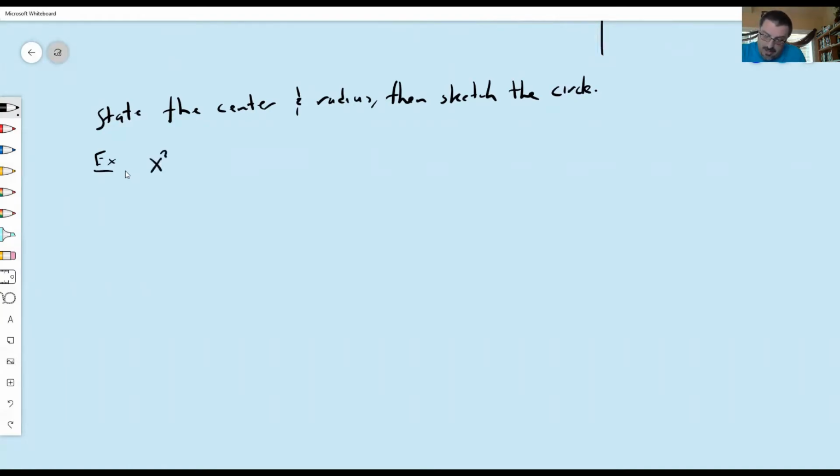So if I give you x squared plus y squared equals, say, 16.